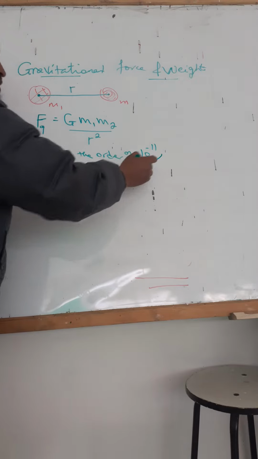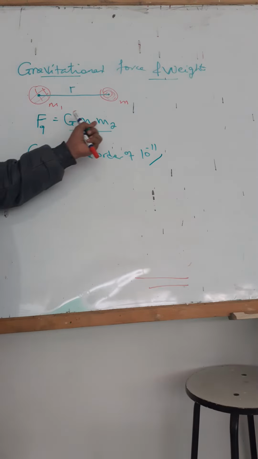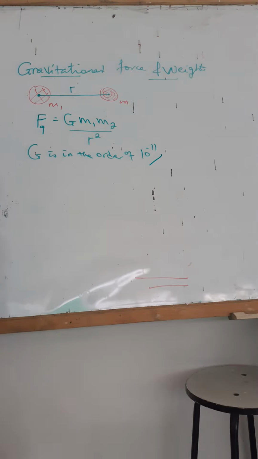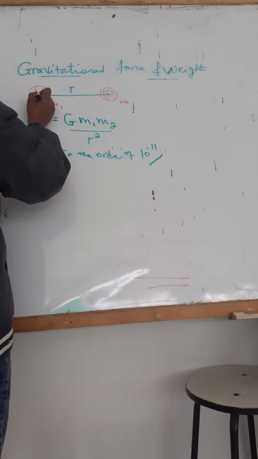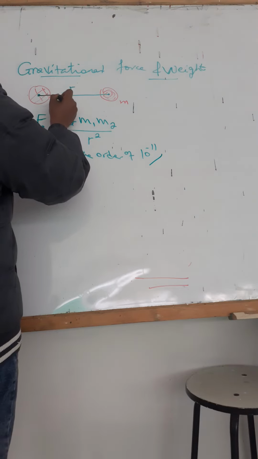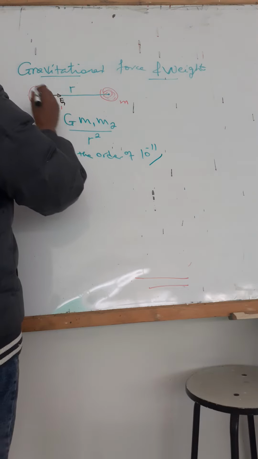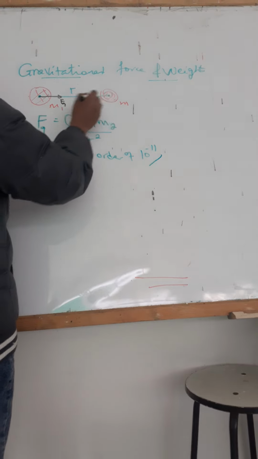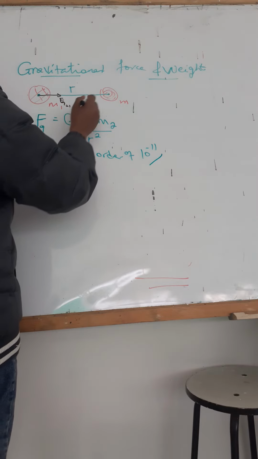In this order, whenever your masses are too small, the force is going to be very small to observe. But it exists, always. And the force is always attraction. Okay? Let me say this is the gravitational force by mass 2 on mass 1.